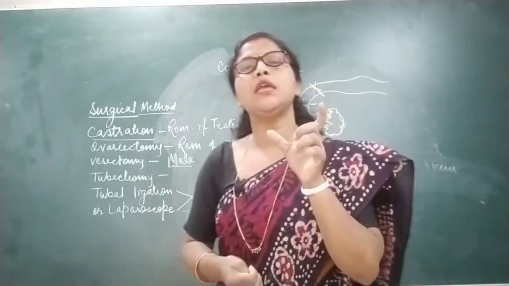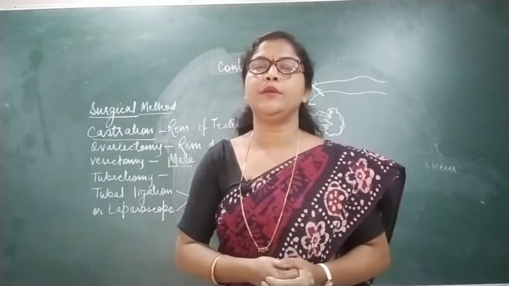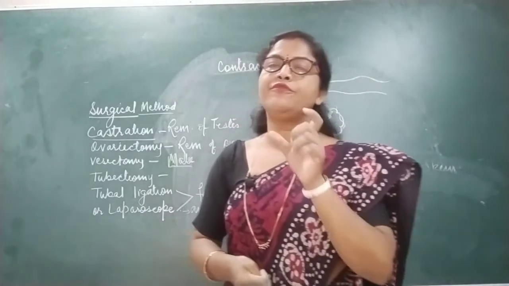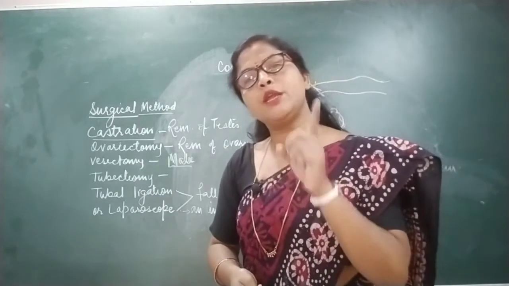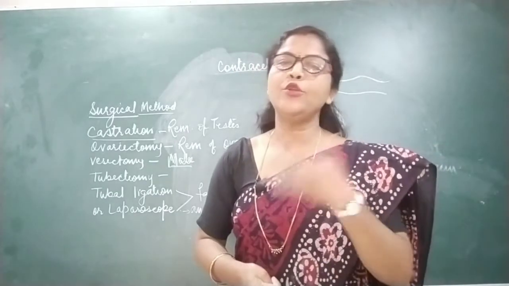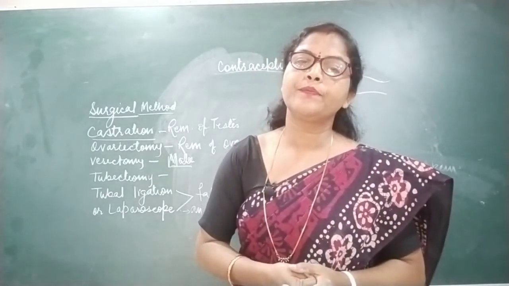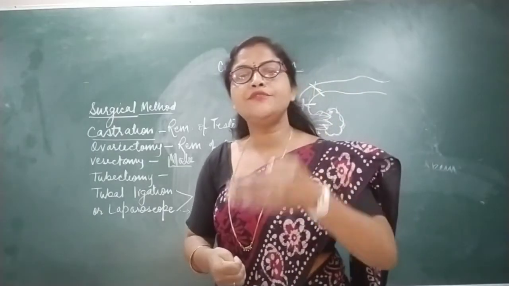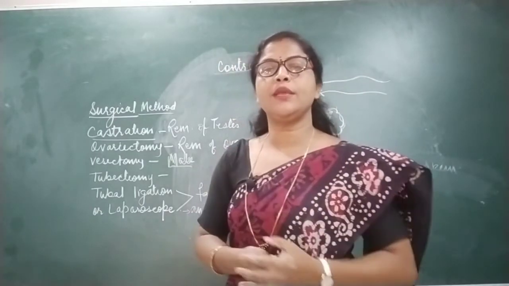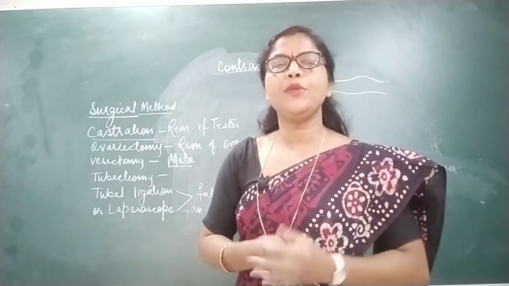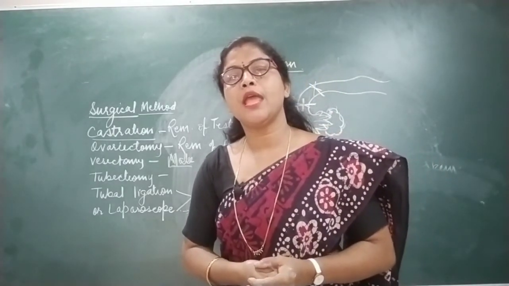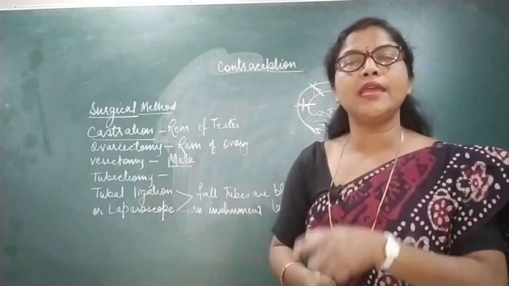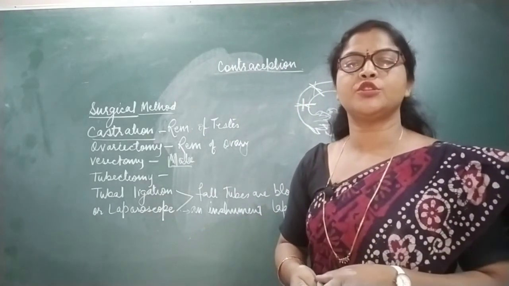What do you mean by IUD? What is the full form of IUD? Why is the device which is used in the female reproductive part made up of copper? Why not other metals? Then what are the different types of surgical method? What do you mean by laparoscopy? And what is tubal ligation?